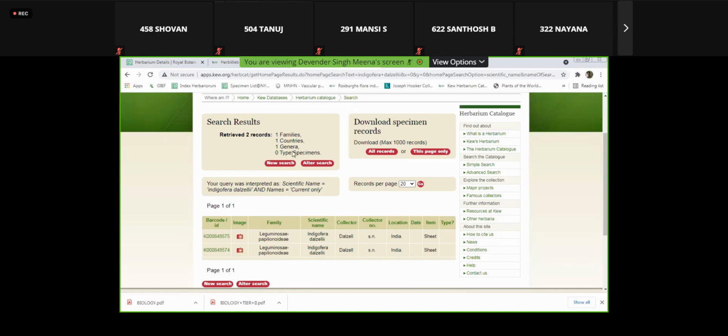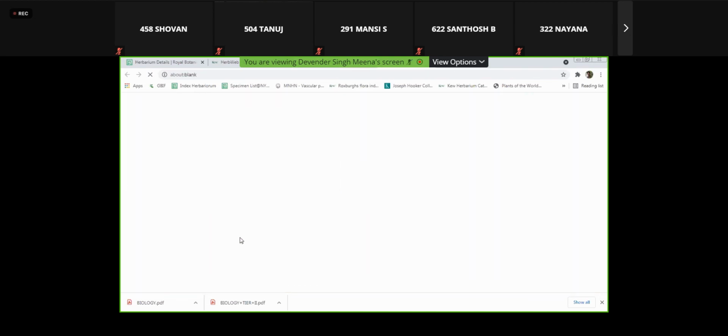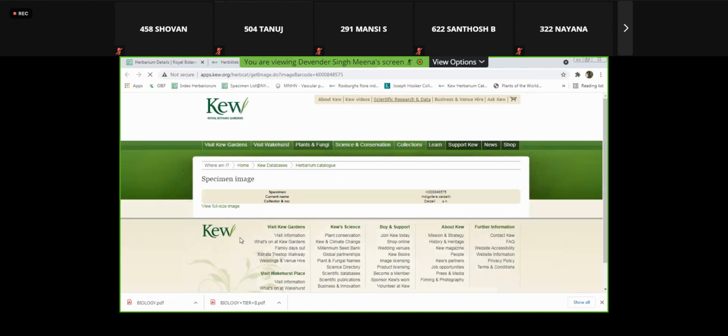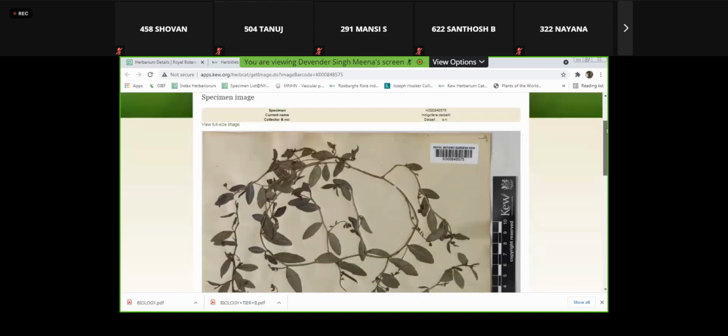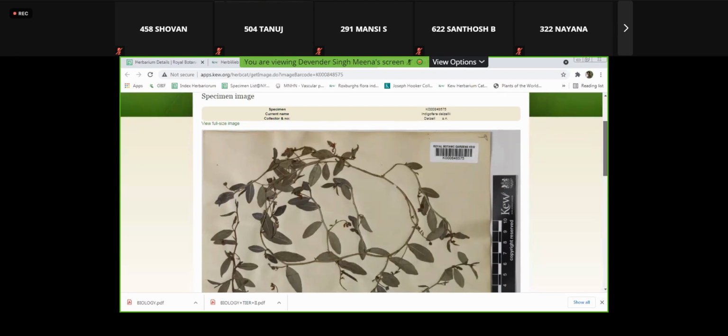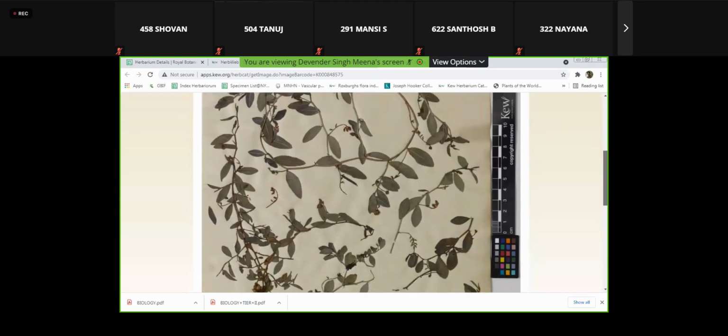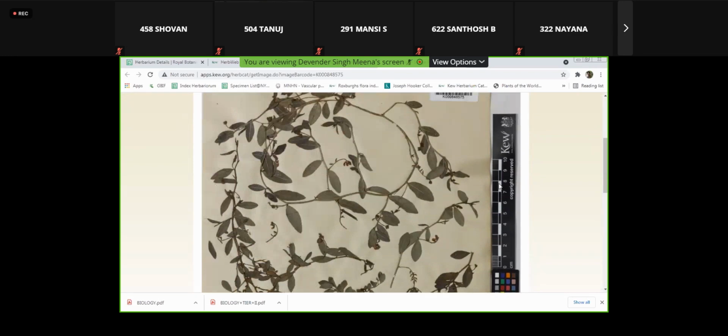Why one country? Because this specimen which I just requested from this website is endemic to India. And when a specimen is endemic to India, its region of collection is only one, that is India, right? So now you can see this is the scale bar, and can you see the copyright reserved mark here?